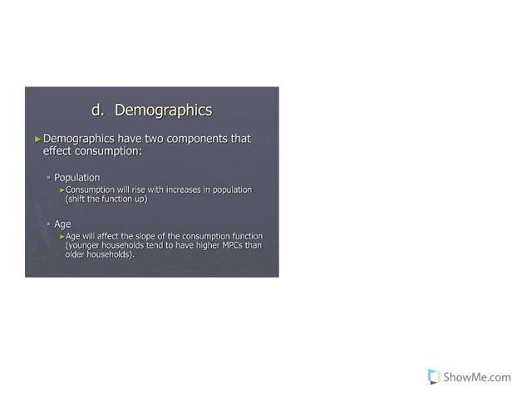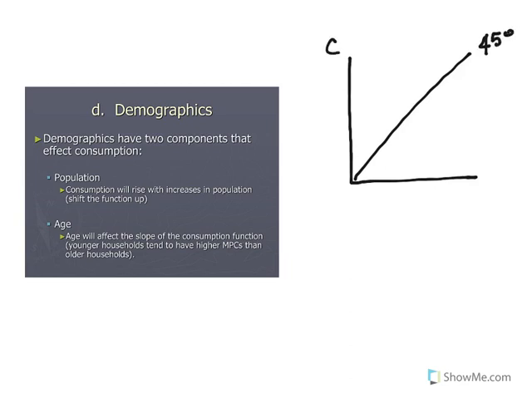And we can actually look at this two different ways. The first thing that we can look at is simply the size of your population. In other words, the size of your population will influence how much autonomous consumption there is taking place in the economy. So for example, let's say that this is your economy's current consumption function, and then let's say that your population increases.